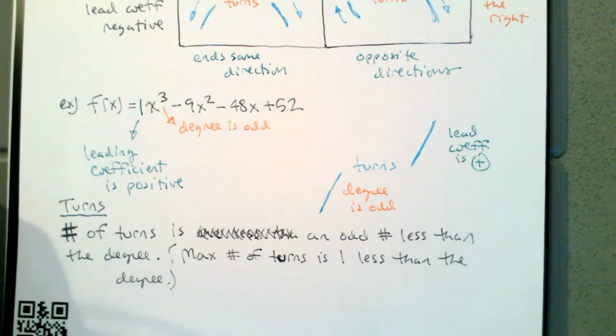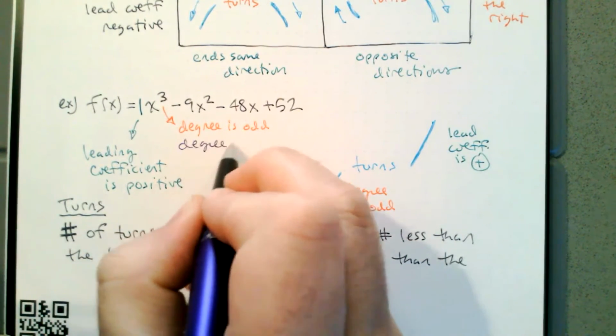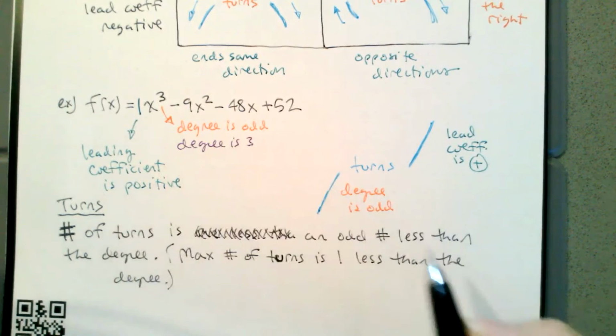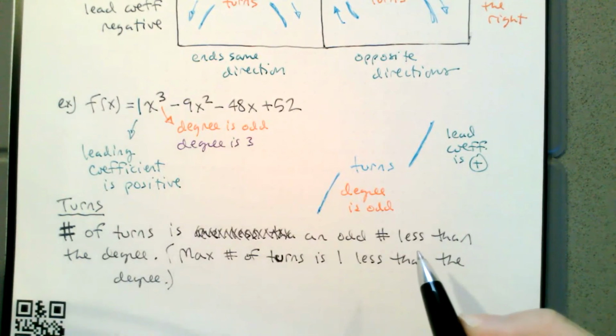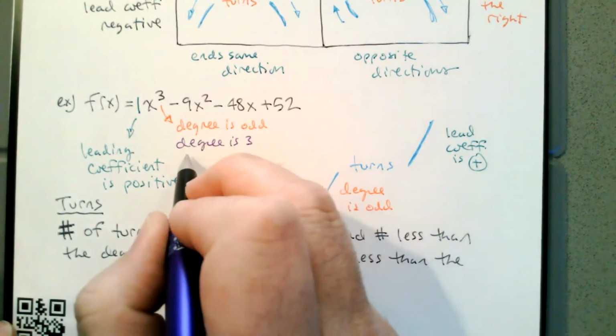So if we have a 3rd degree polynomial, since the degree is 3, the maximum number of turns is 1 less than this, 2. Or we can have, it just has to be an odd number less than the degree. So the number of turns is either 2 or 0.